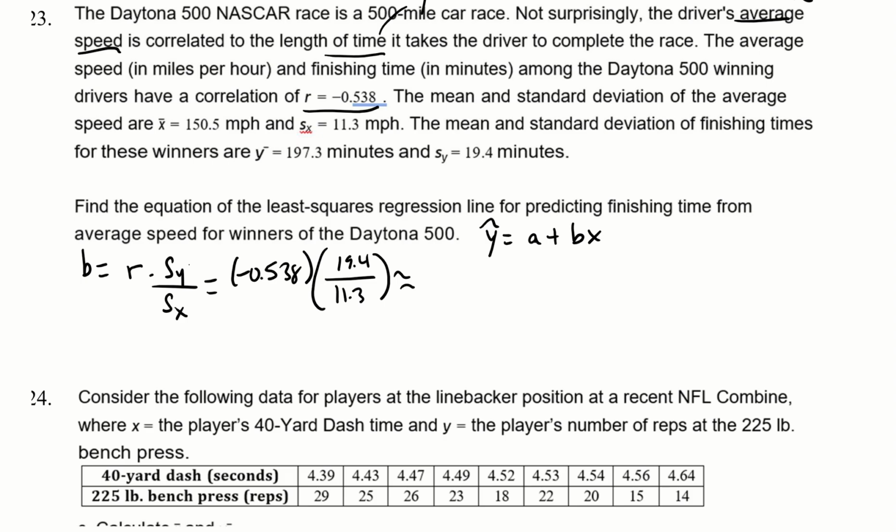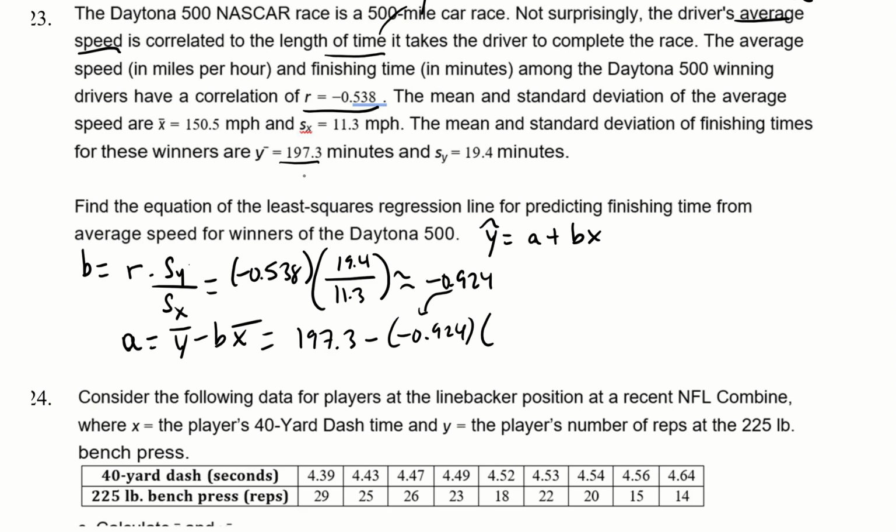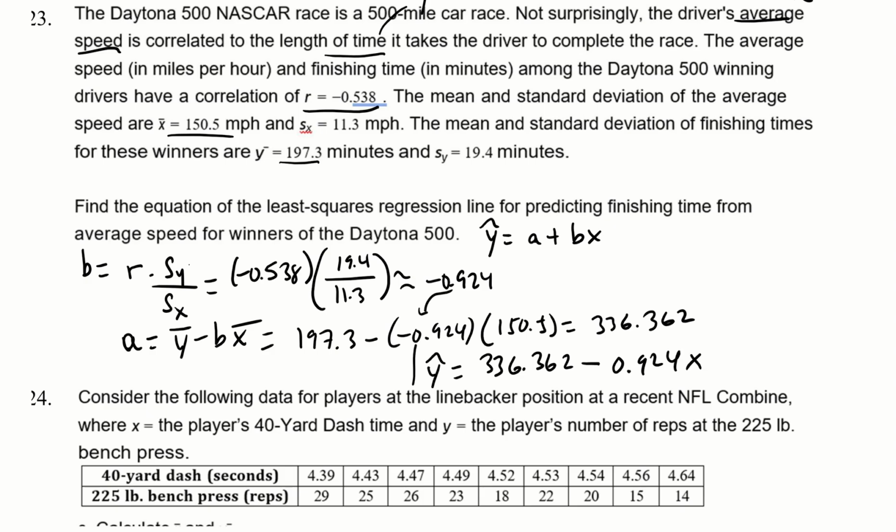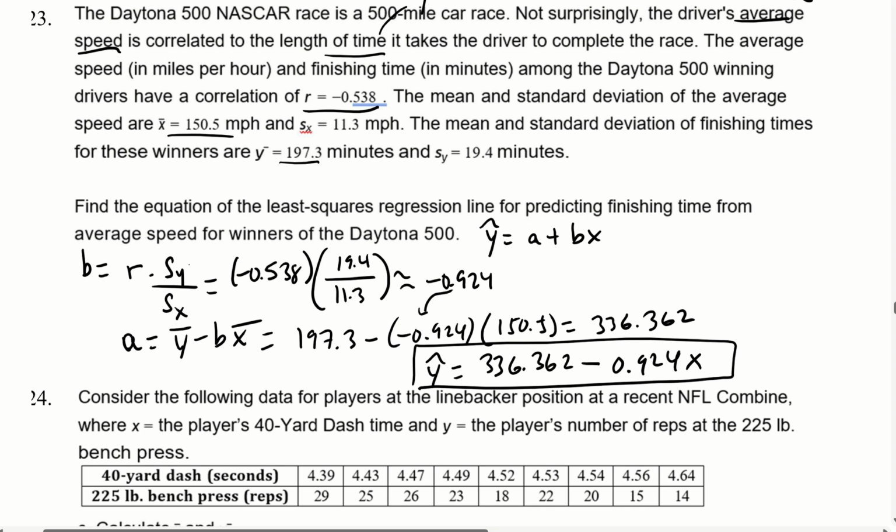Calculate that, and we get negative 0.924. Now we're going to get a. So a is equal to y bar minus b times x bar. Now y bar is 197.3 minus negative 0.924 times x bar, and we get 336.362. So y hat equals 336.362 minus 0.924x. That's it. Plug it into a plus bx. That's all there is to it.